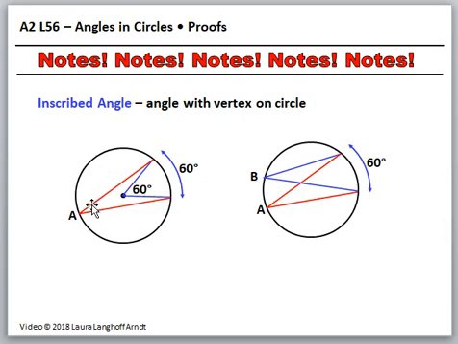This is an inscribed angle. And the central angle is 60 degrees, like we knew before, because it's the same as the arc. An inscribed angle, however, is half of that. And so the measure of angle A here is going to be half of 60. You could almost see it, which is 30 degrees.